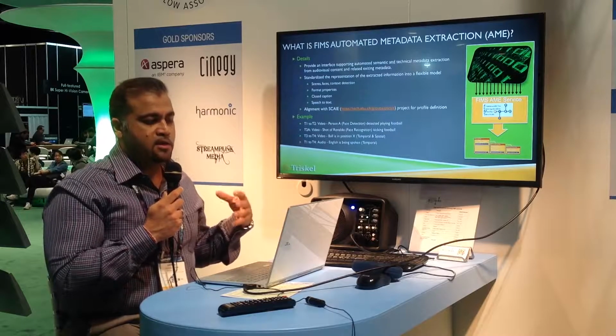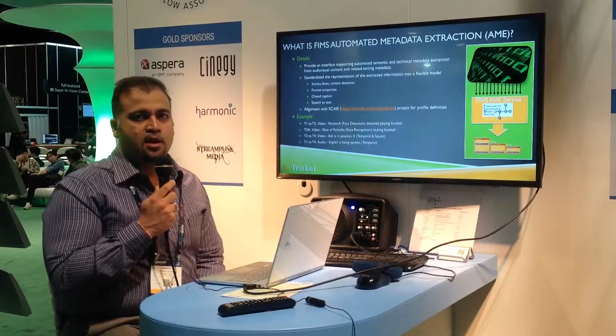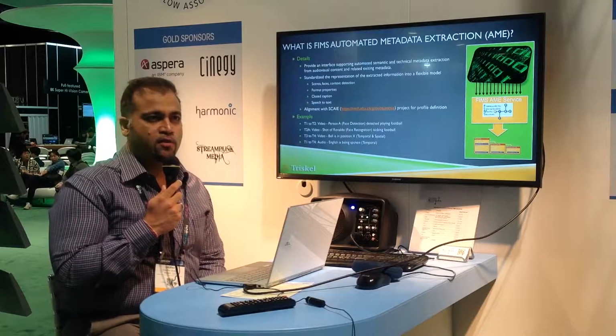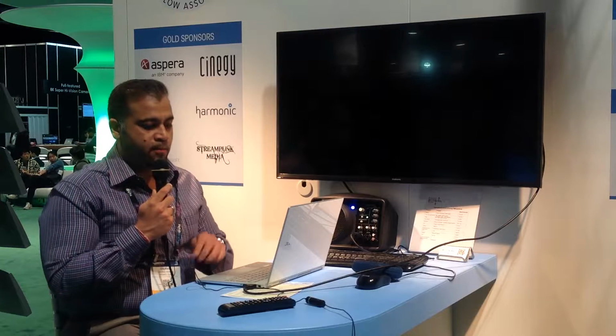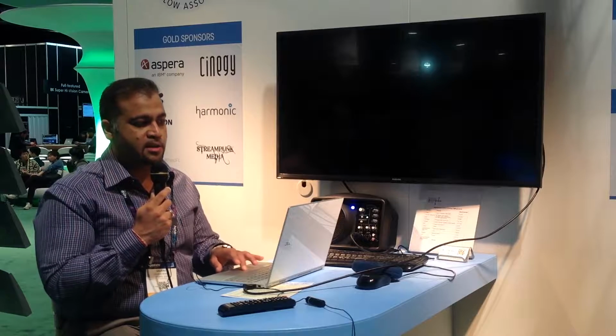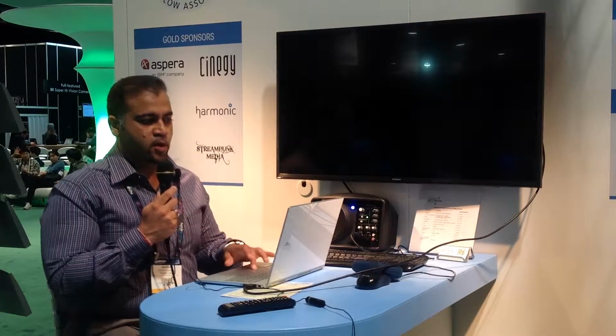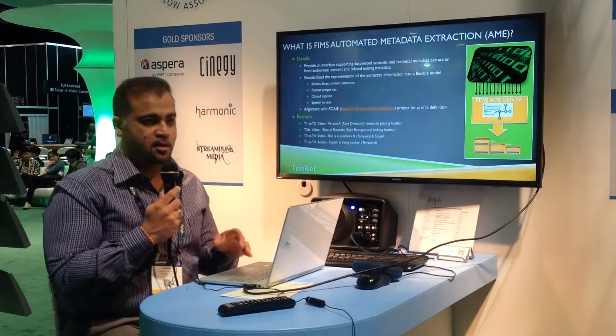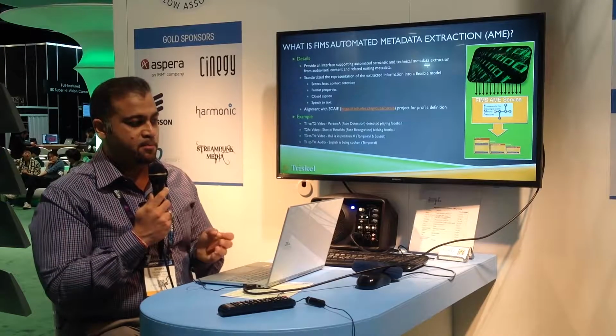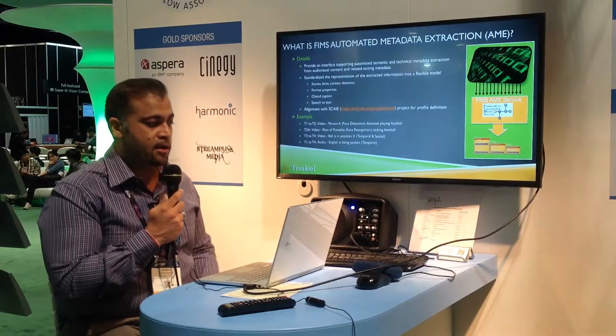There can also be semantic metadata, such as if it's a sporting event, what the location is, or who the particular person is. For example, in soccer, the person who is Ronaldo could be semantic metadata that you may be able to extract automatically.